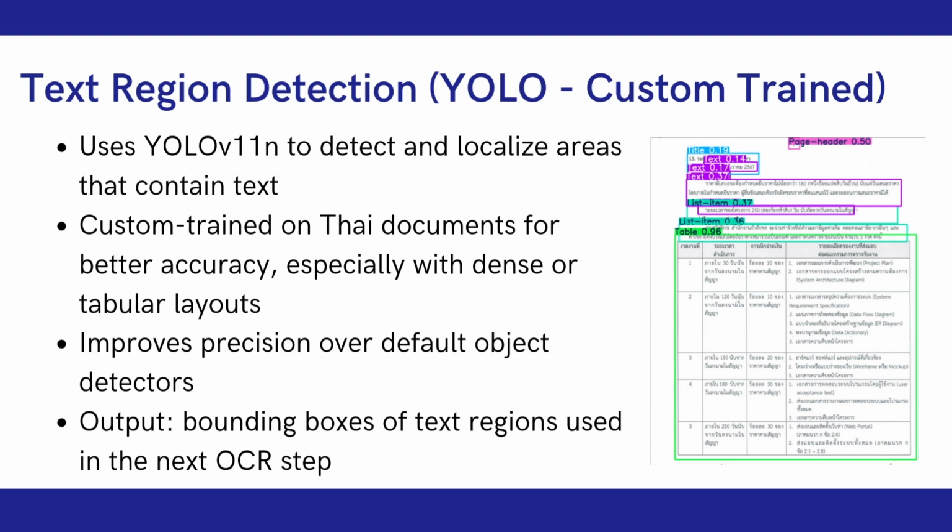The pictures on your right-hand side are the output with bounding boxes where the text is. As you can see, we can label the page header, the title, the text, the list items, and also the tables.